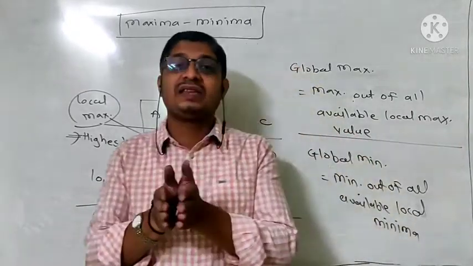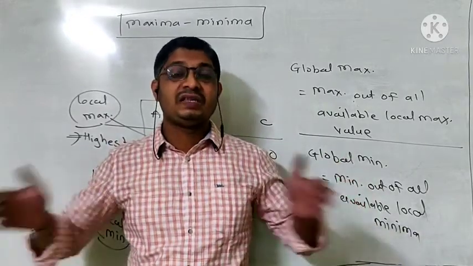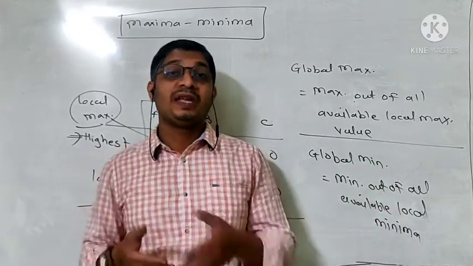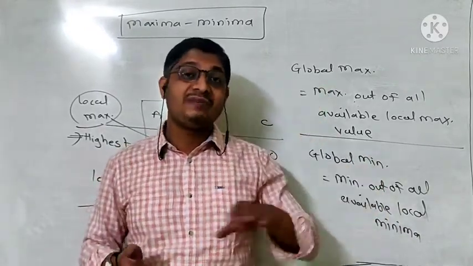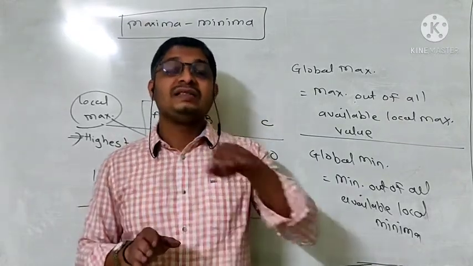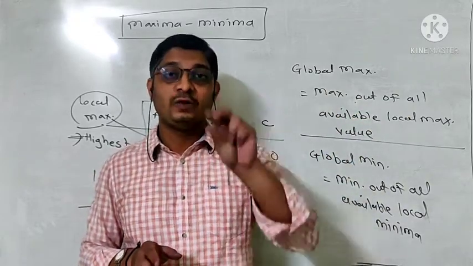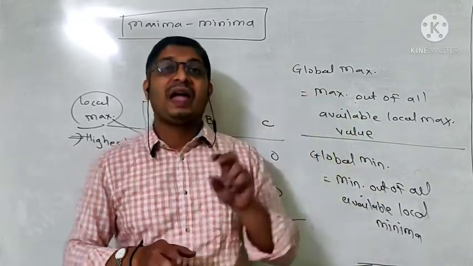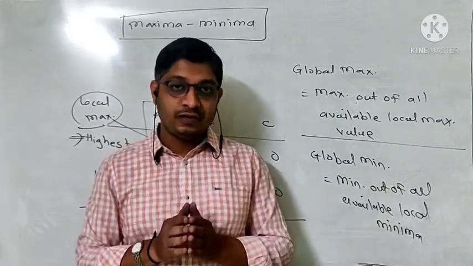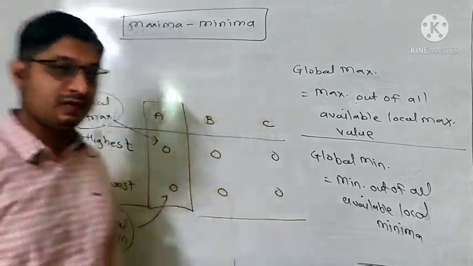If we extend the domain to a larger extent, then we can obtain multiple local maximum and local minimum values. Out of the available local maximum values, whichever is the highest will be known as the global maxima, and out of all the least values, whichever is the least will be known as the global minima. That is the concept.